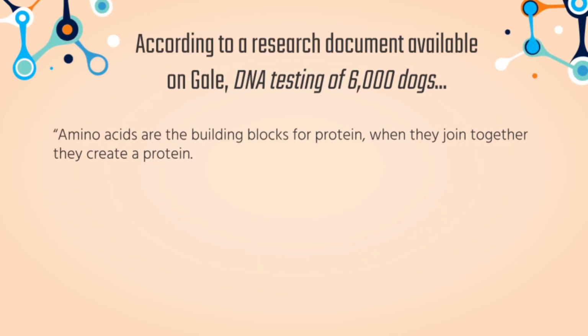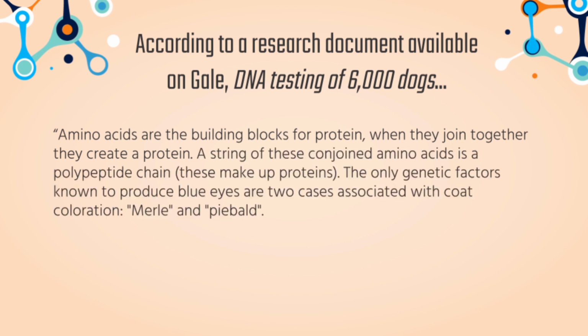According to a research document available on Gale, DNA testing of 6,000 dogs, quote, amino acids are the building blocks for protein. When they join together, they create a protein. A string of these conjoined amino acids is a polypeptide chain. These make up proteins.